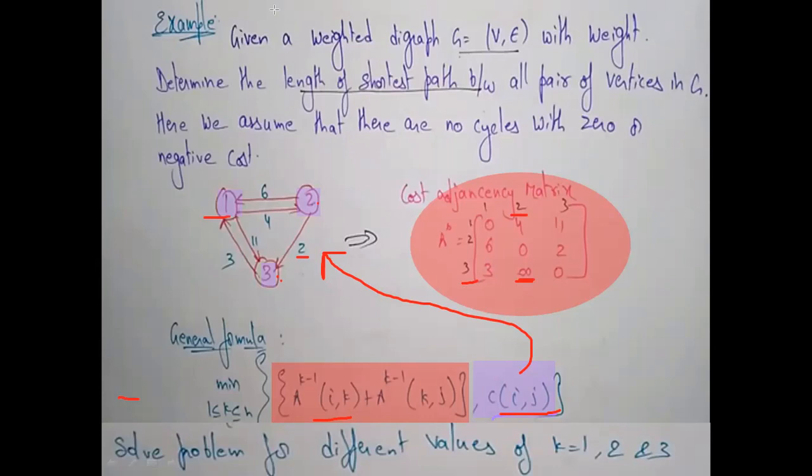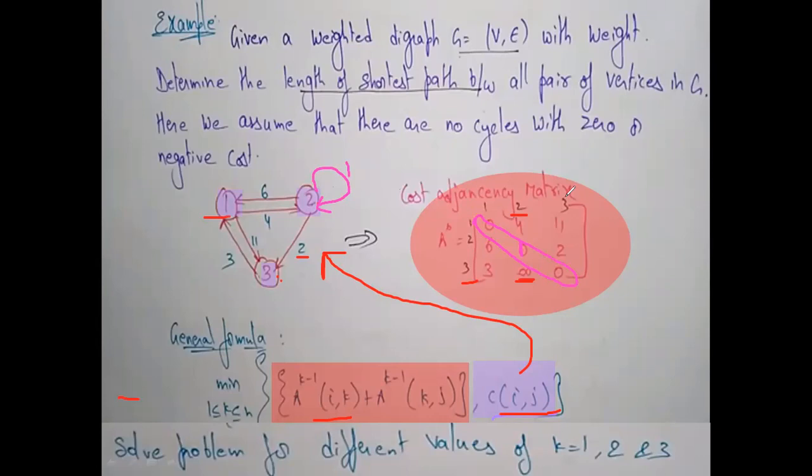And the diagonal always may be 0. These are the diagonal entries, you already know that. For this graph they are 0. Suppose 2 to 2 the cost is 1, if it is mentioned, then you have to write 1 here instead of 0.